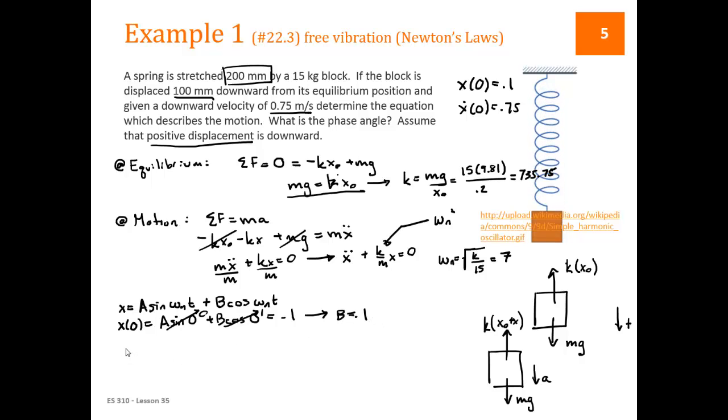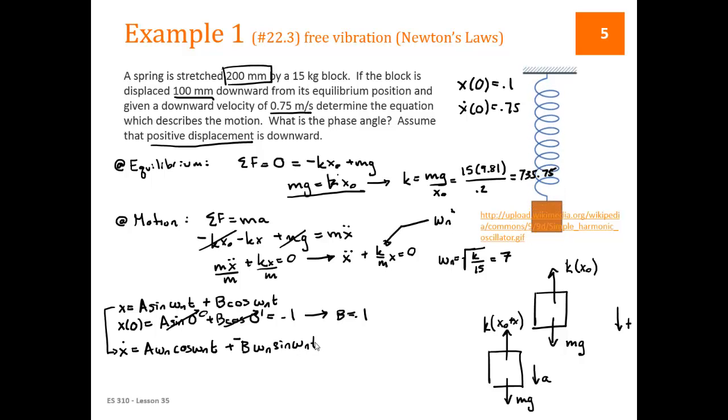Then we go back and take the derivative of this. So x dot is equal to a omega n cosine of omega n t, plus, the derivative of the cosine being the negative sine, negative b omega n sine omega n t.